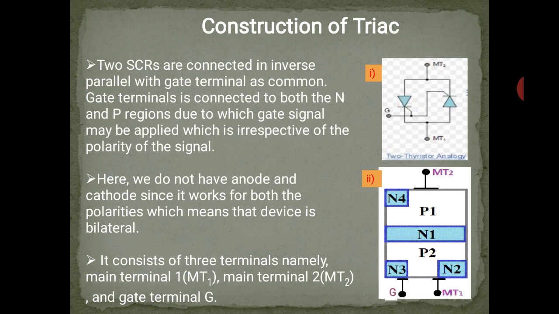Here we don't have an anode and cathode since it works for both polarities, which means the device is bilateral. It consists of 3 terminals named MT1, main terminal MT2, and gate terminal G, as shown in the second diagram of the construction.